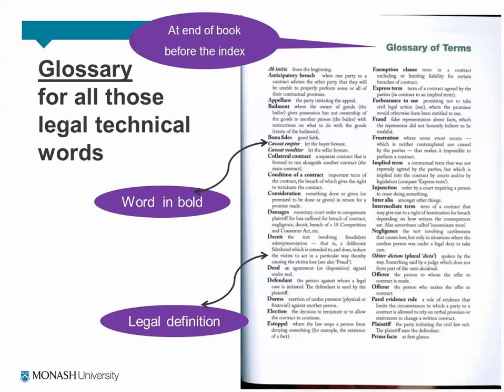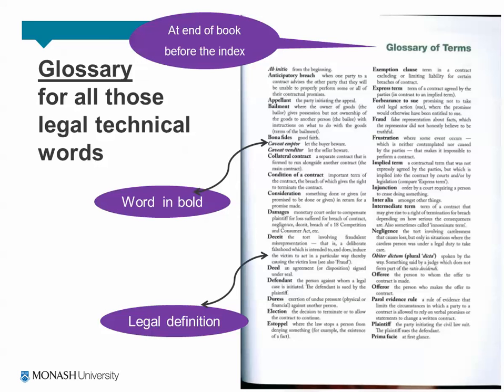Another really useful part to the text occurs towards the end of the book. It is called the glossary of terms. This follows the last chapter, and here you will find all those legal technical words that have a legal definition and mean something to lawyers.